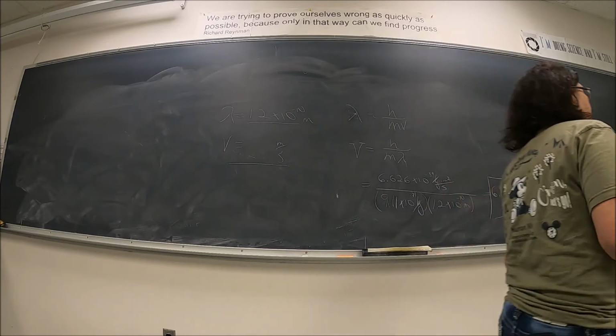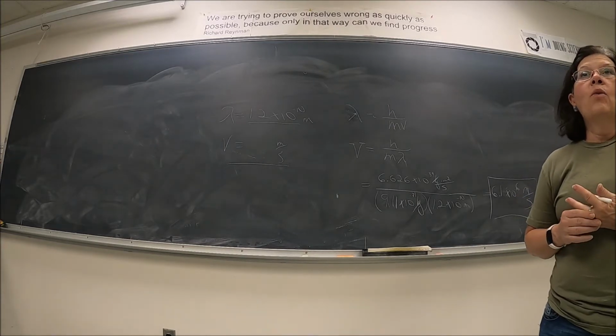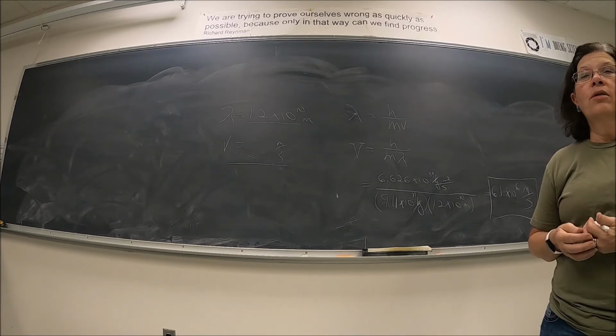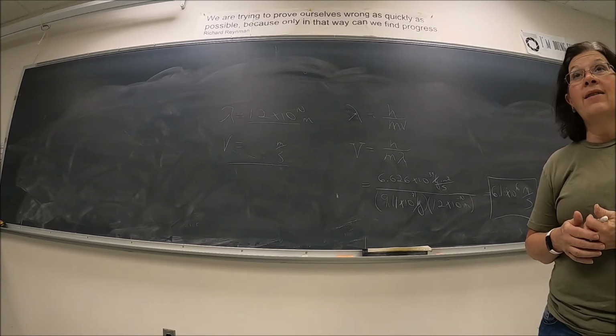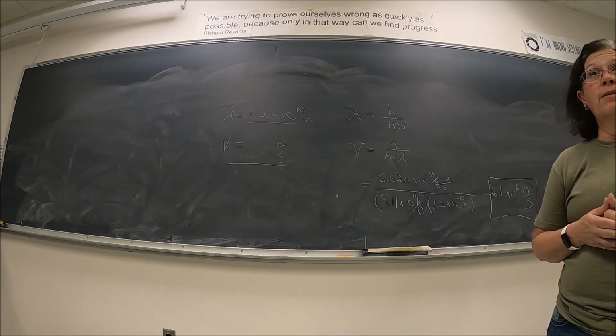Now, what we have to start thinking about, if we're going to start thinking about electrons as a wave, and the wave and particle nature of electron, because we can see both, we have to start thinking about uncertainty.